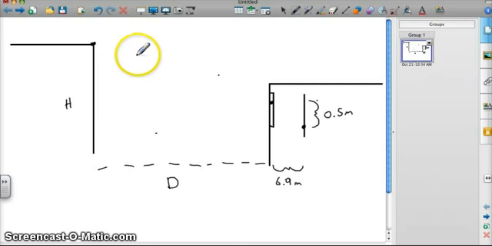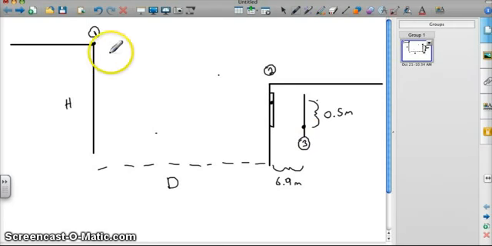So I'm going to add some information to this diagram. I'm going to call the point where the shot was fired point 1. I'm going to call the point where the shot impacted the window point 2. And I'm going to call the point where the bullet embedded into the wall point 3.